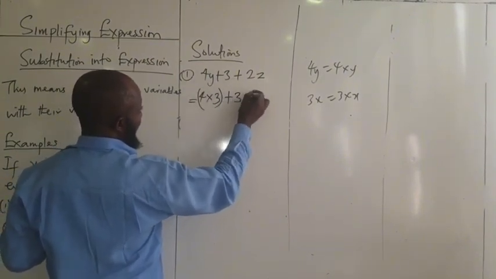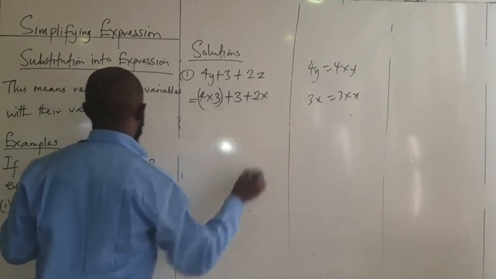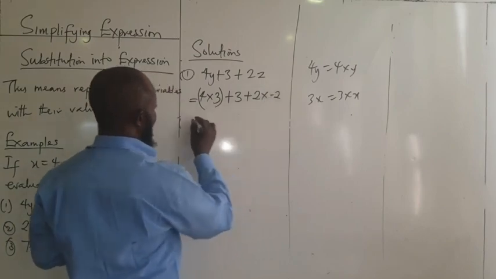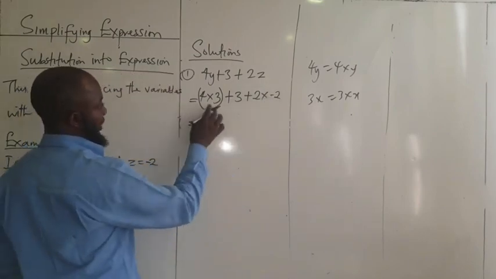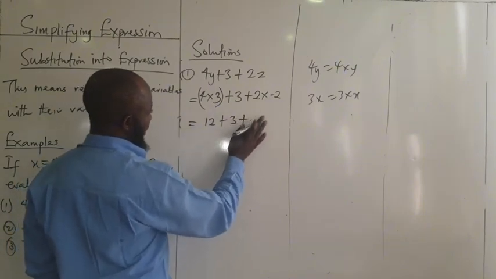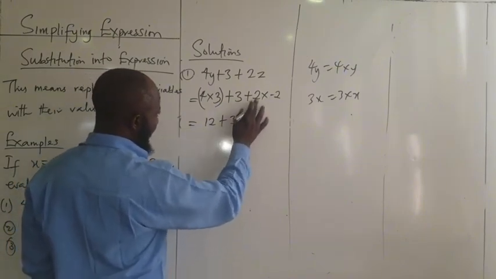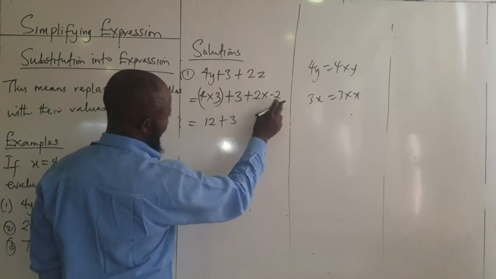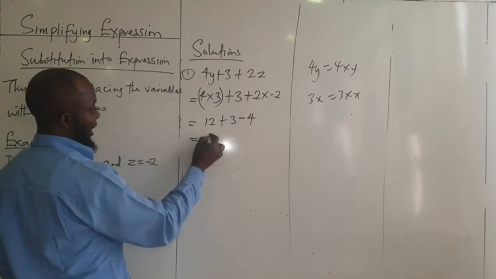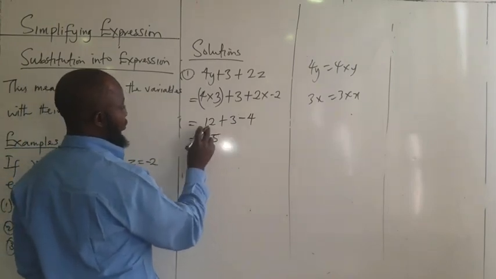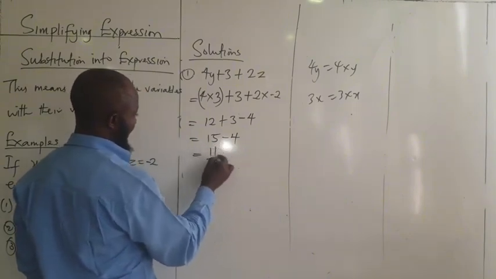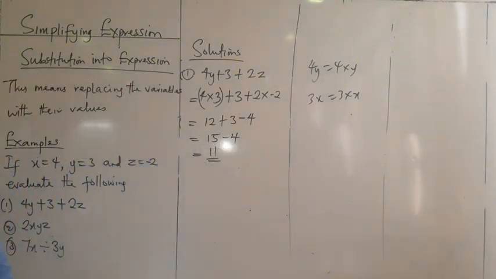Then we evaluate: 4 times 3 is 12, plus 3, plus 2 times minus 2, which gives minus 4. So 12 plus 3 is 15, minus 4, and this gives us 11. I hope this is very clear.